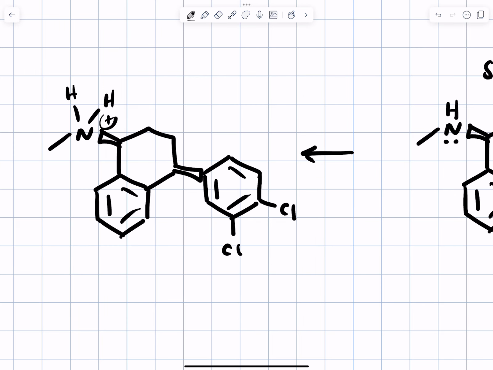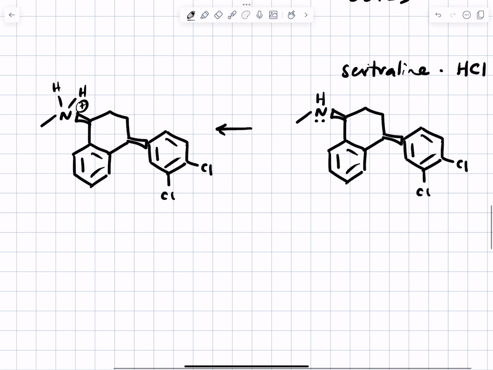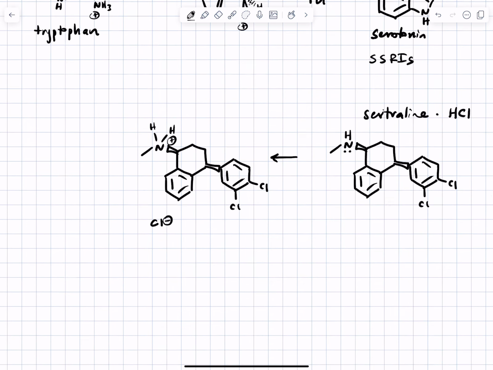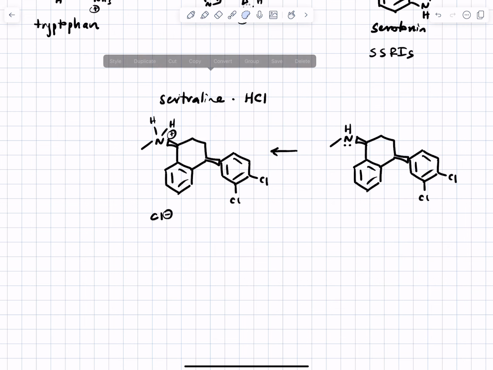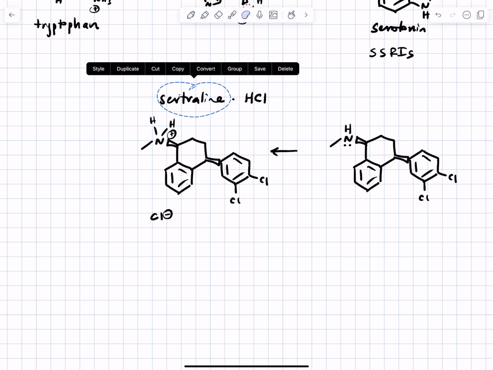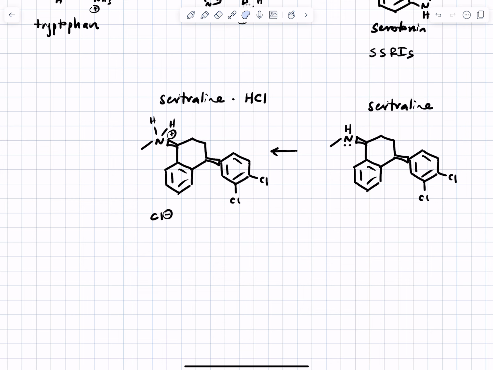So this is the positively charged ammonium salt, and then Cl minus is the counterion. And nobody wants to draw that on the label, so they just write it as sertraline HCl. In chemistry, because it's an amine and a base, we call the neutral form of sertraline the free base, and then we call this the hydrochloride salt.